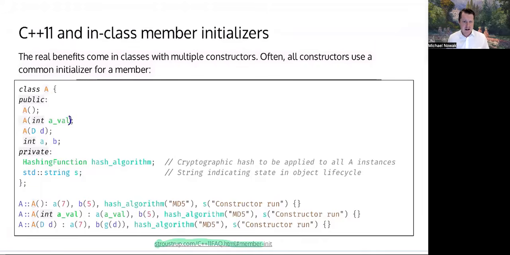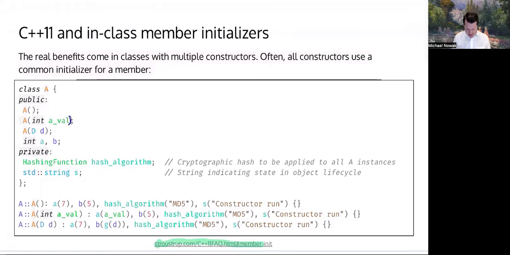And then we can see here there is some user-defined type to specify data member hash algorithm. And then we also see s, which is going to be a standard library string, and hash algorithm and s will be private data members of the user-defined type A. So if we go ahead and look at our constructors, we can see here we're properly using the initializer list.